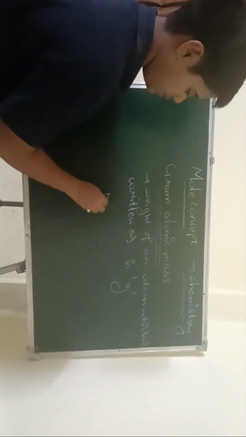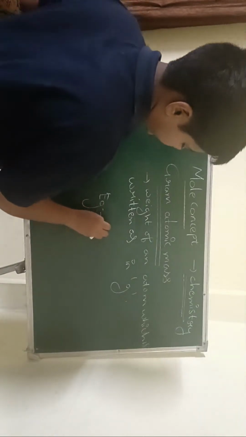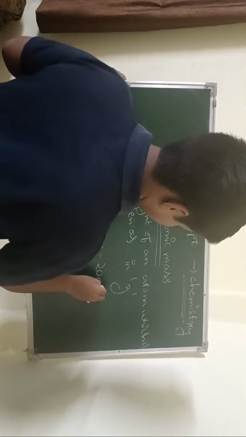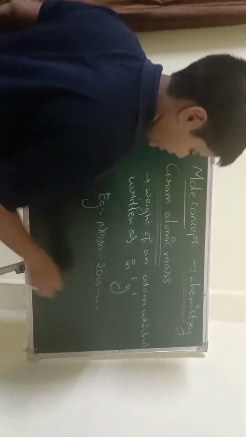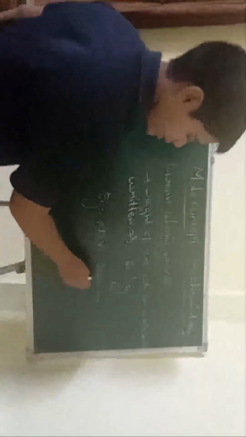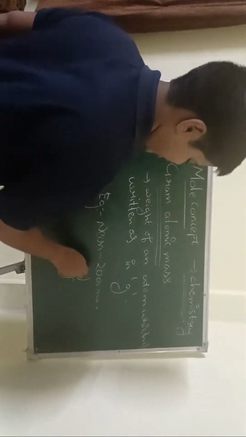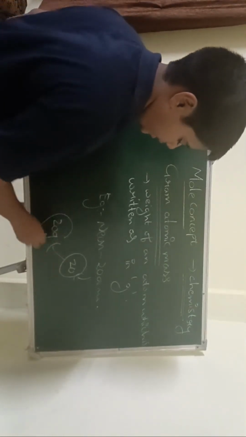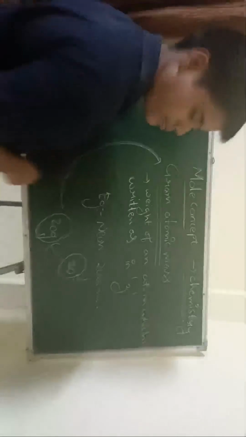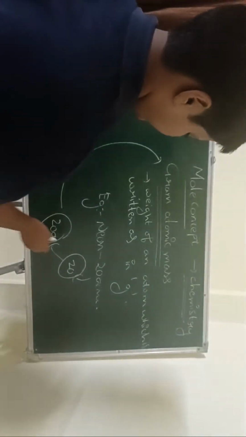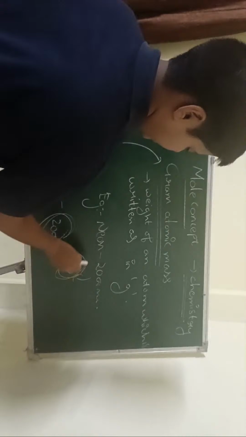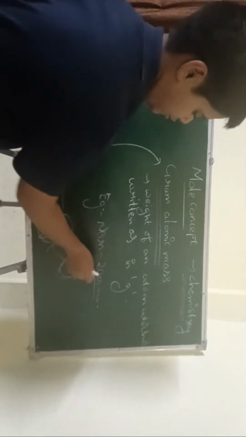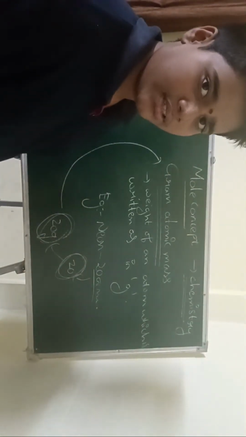For example, neon is 20 AMU. So we write 20 as the atomic weight and 20 grams as the gram atomic mass. 20 grams, 20 as atomic weight and 20 AMU as atomic mass.